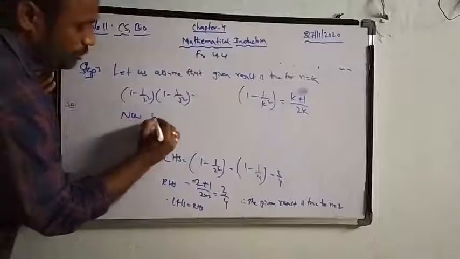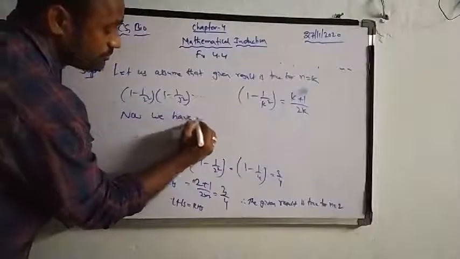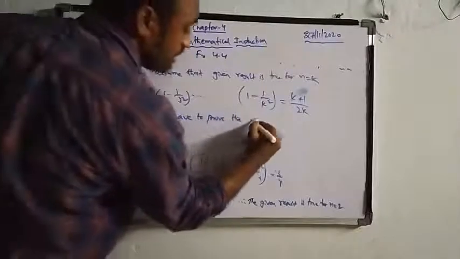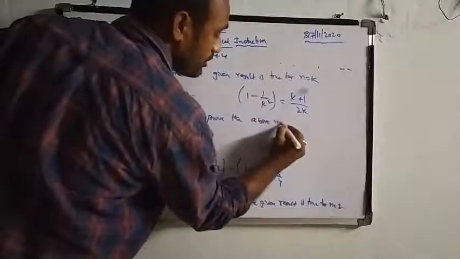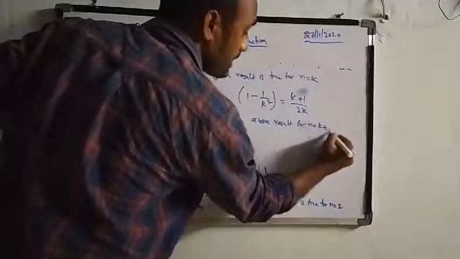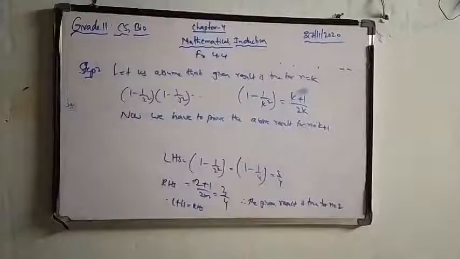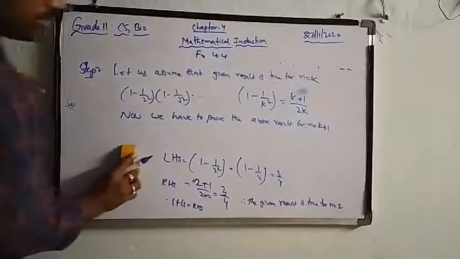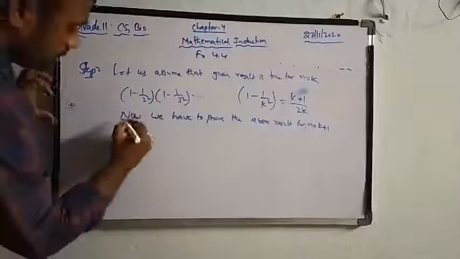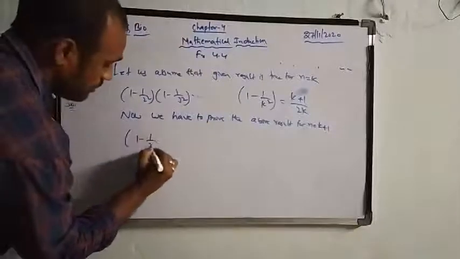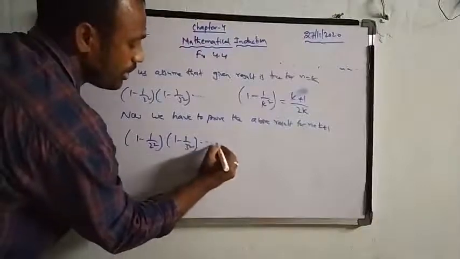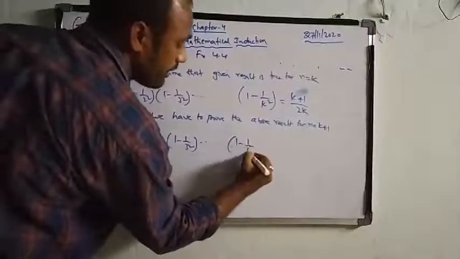Now we have to prove the above result for n equals k plus 1. In place of n, we are going to substitute k plus 1. So that is 1 minus 1 by 2 square, 1 minus 1 by 3 square, and so on, 1 minus 1 by k square.